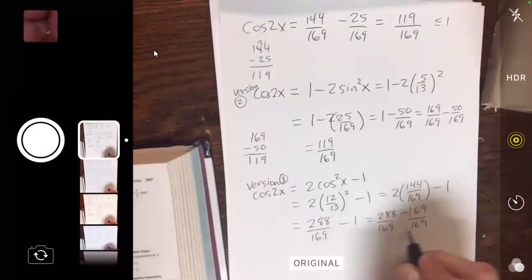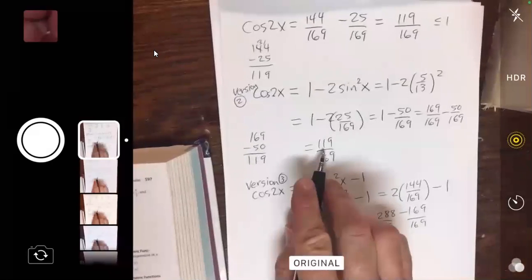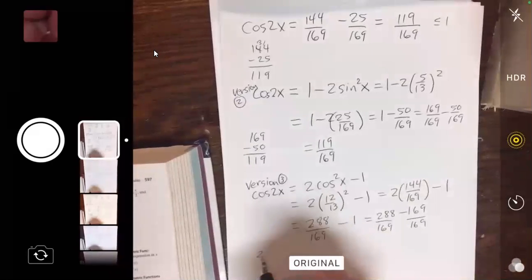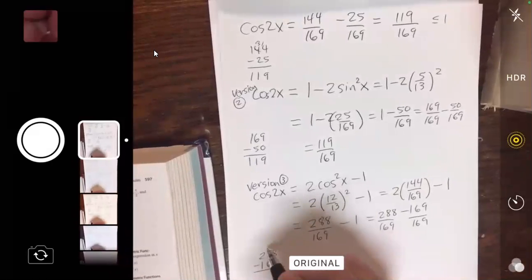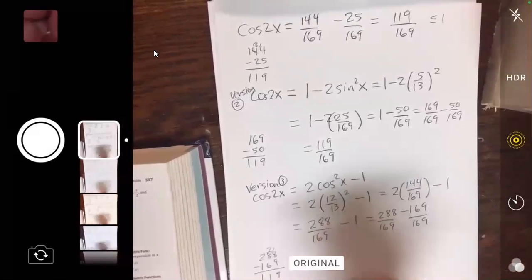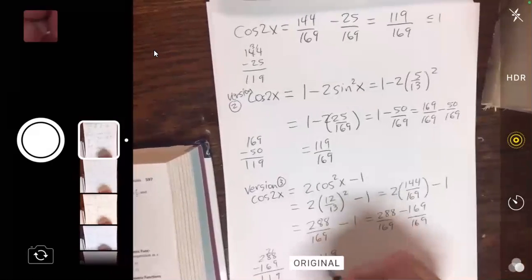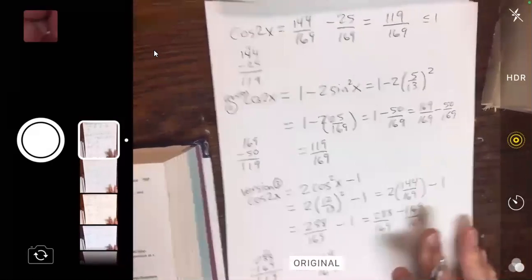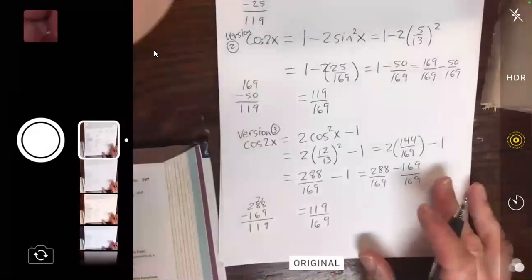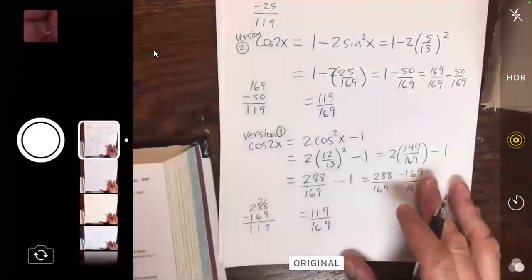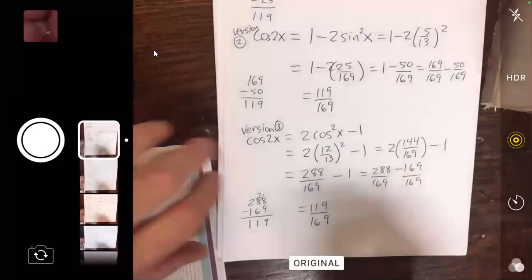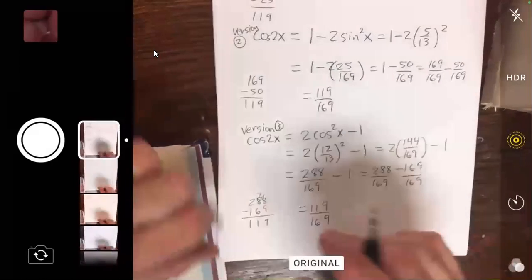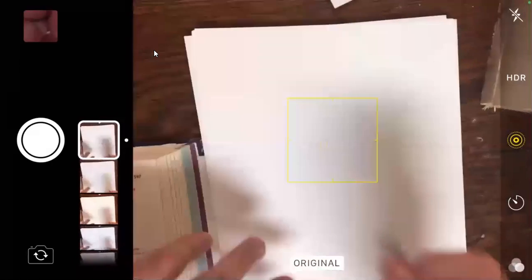I bet I get 119. If I don't, I'll quit on the spot. 288 minus 169 is 119. There we are, 119 over 169. It's probably boring for y'all, but I'm trying to give you some confidence. You don't have to do them all three different ways, but all three give you the exact same answer. Tangent 2x, there's pretty much only one way to do that.